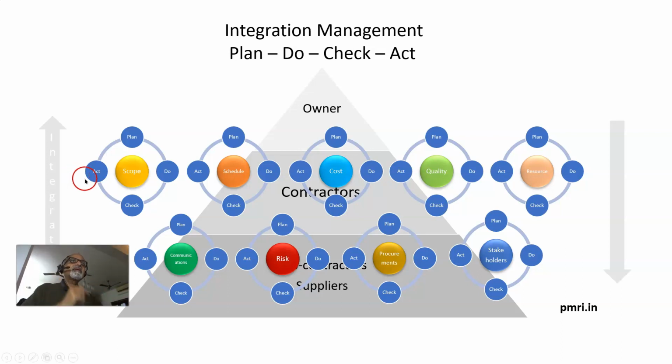So we discussed the 10 knowledge areas, we discussed the PDCA, and we discussed the PDCA recurring across the 10 knowledge areas. And again, this PDCA and the 10 knowledge areas happen at every stakeholder level. That means a supplier, subcontractors, contractors, and maybe consultants, and the owner's level.